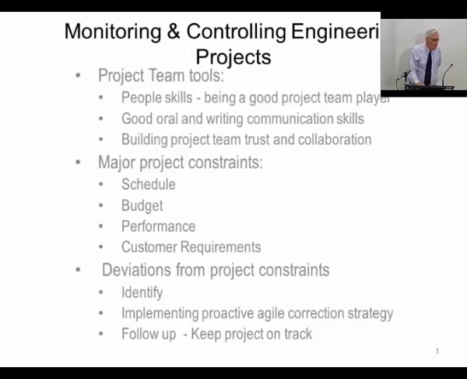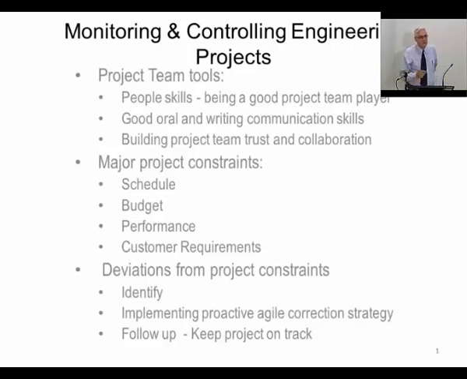One of the important things, since we have the project constraints, is that we want to make sure we can monitor and control the project by identifying any deviations related to the schedule, budget, and performance.